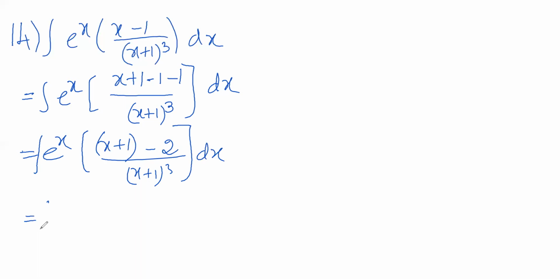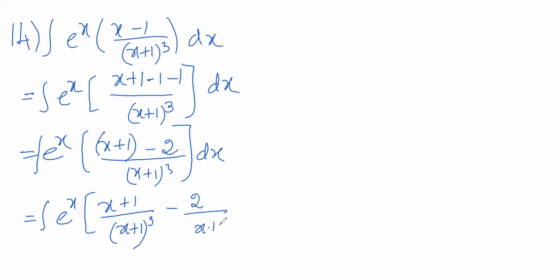The numerator has two terms, the denominator one term, so we can split this as (x plus 1) by (x plus 1) the whole cube minus 2 by (x plus 1) the whole cube into dx.